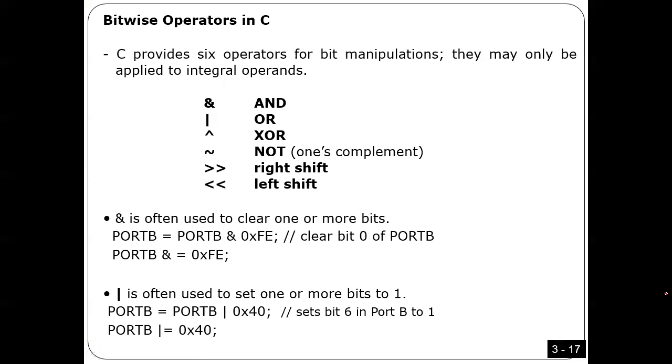So this one can do logic AND bit by bit. This is the operator for AND. This is the operator for OR. This is the operator for XOR. This is the operator for NOT. This is the operator for shift right. This is the operator for shift left. I'm going to give you an example now.